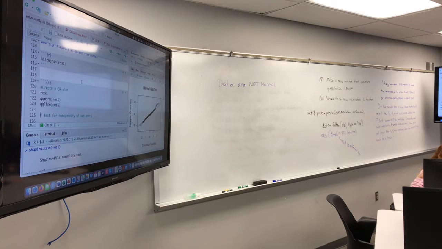Try hist. Do you have ggplot run? You can check it in here, but they're in alphabetical order, so ggplot's going to be up. I'm not sure why it didn't do that. Anyway, we got it through hist. Go to your plots. Yeah, there's the plot.